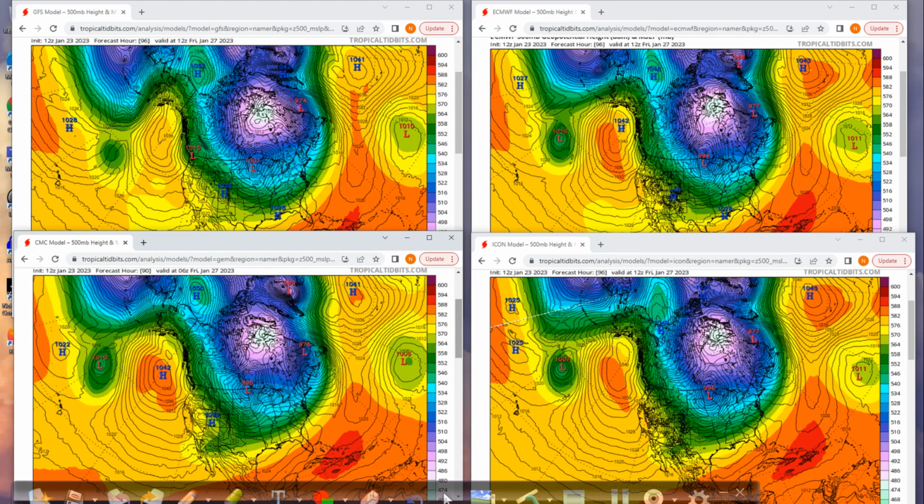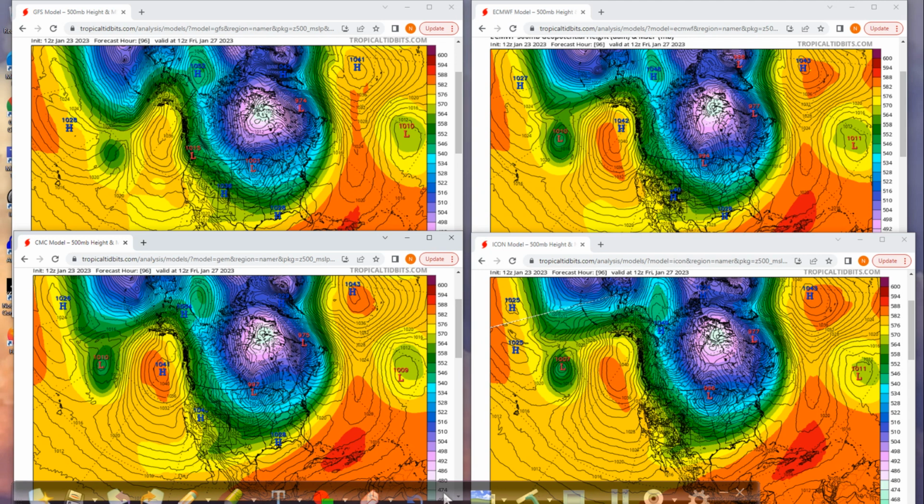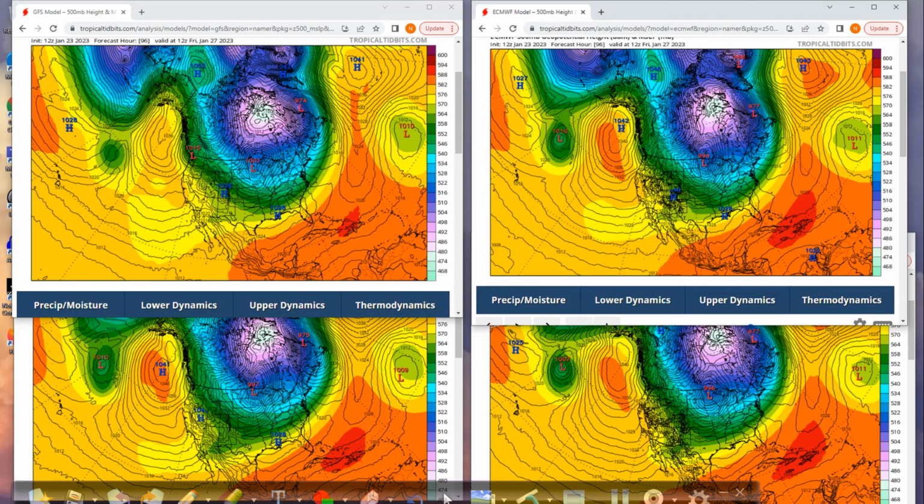And at this point, we're starting to see our first batch of cooler air that moved over the top of this ridge. And at this point, we'll be located somewhere around Vancouver, British Columbia.